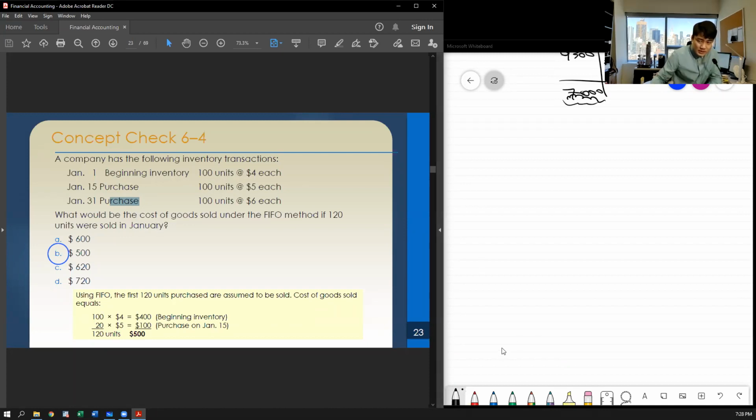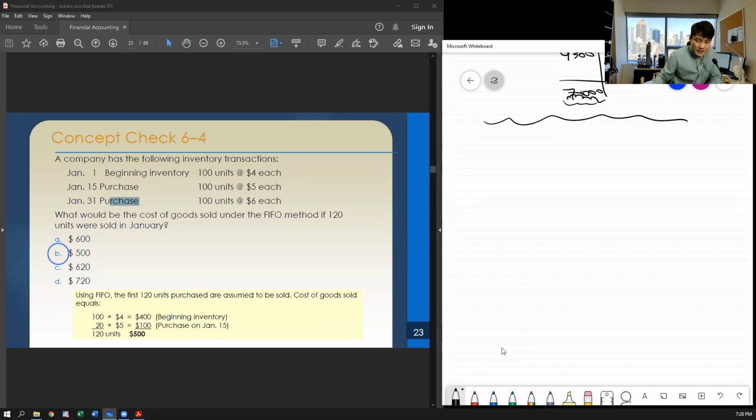Like I discussed previously, I always start with a stack of inventory, and I think this visual illustration will definitely help you when you're doing your exams and quizzes, and I guarantee it. So you're starting with 100 times 4. You have another purchase, 100 units times 5, another 100 units times 6.